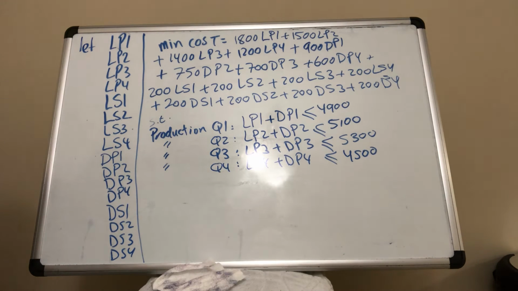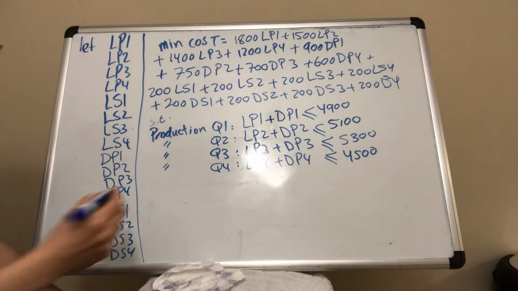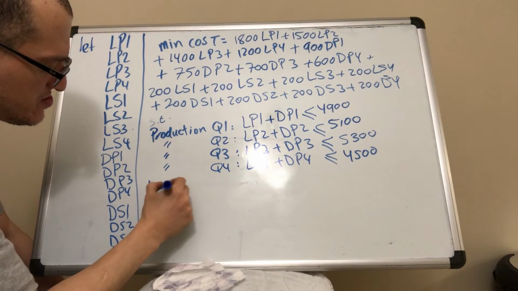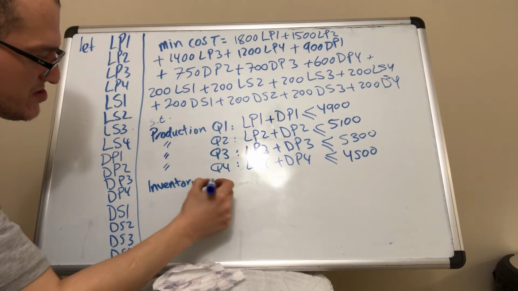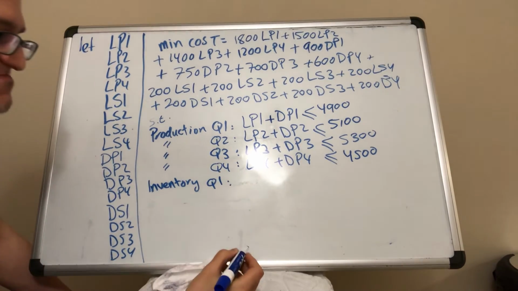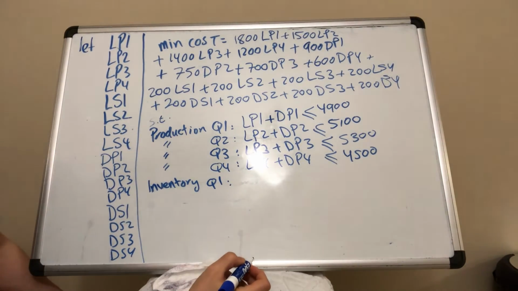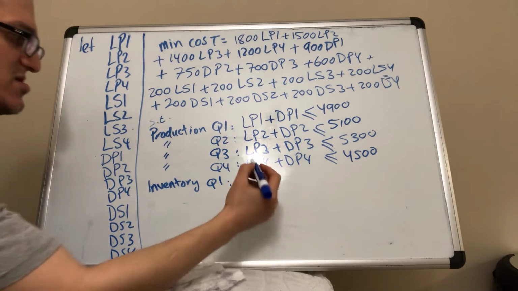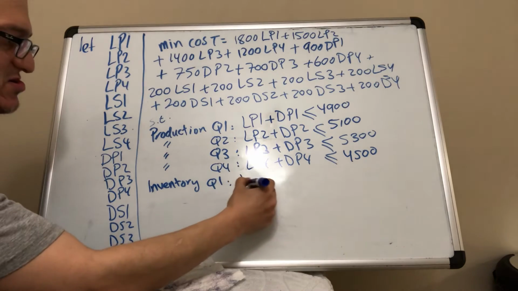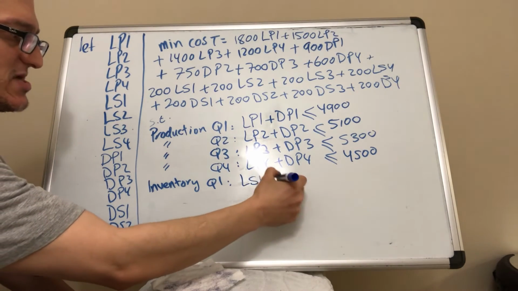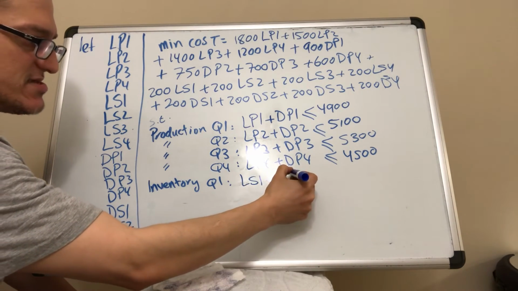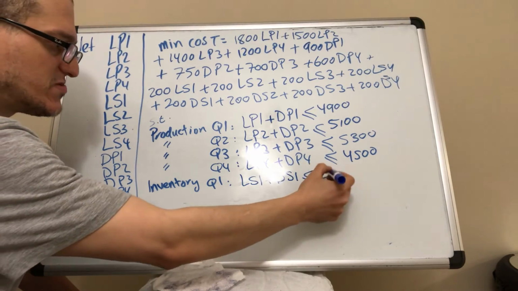Let's look at the inventory. They also tell you you can only have 235 each quarter. So inventory Q1. So in Q1 you can only have 235 maximum. So whatever you store, you can store L, you can store D not to go over 235.